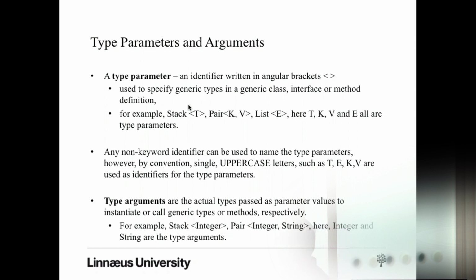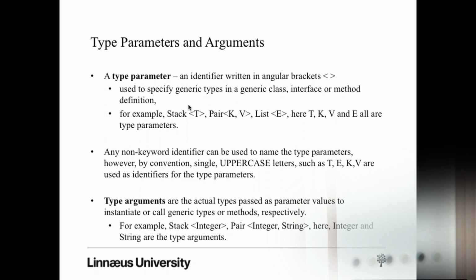Okay, so for example, you can use small letters as well, but it's not a recommended approach. The recommended approach is that you use capital letters. If the parameter is representing a type like integer, float, long, double, then you should use T for type.